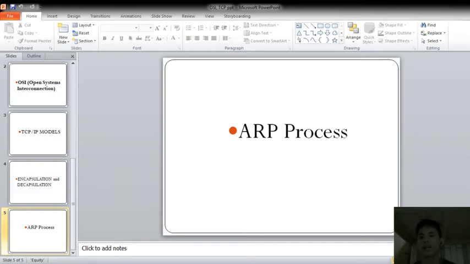The address resolution protocol performs a required function in IP routing. ARP finds the hardware address, also known as the media access control address, of a host from its known IP address, and ARP maintains a cache in which MAC addresses are mapped to IP addresses.